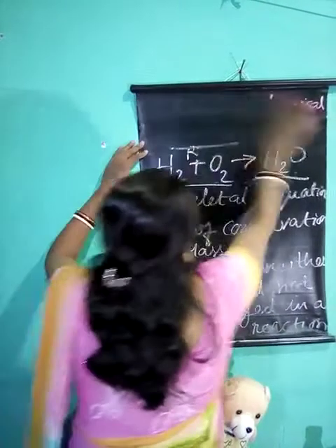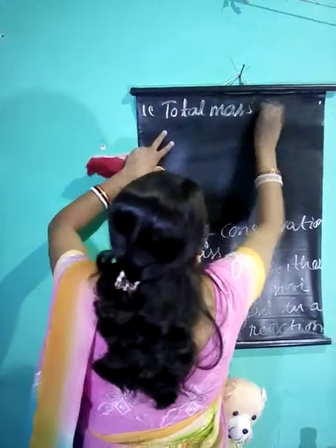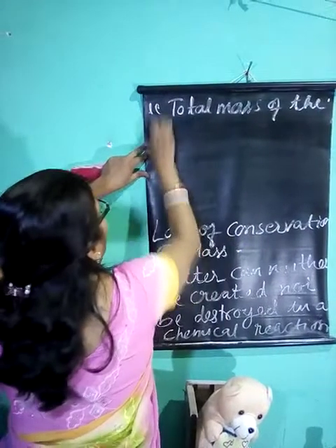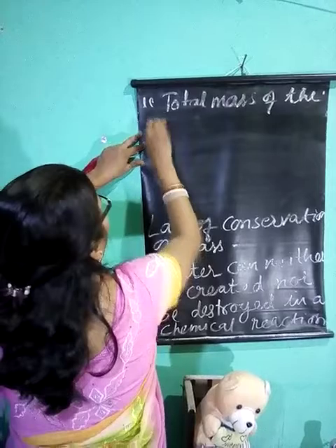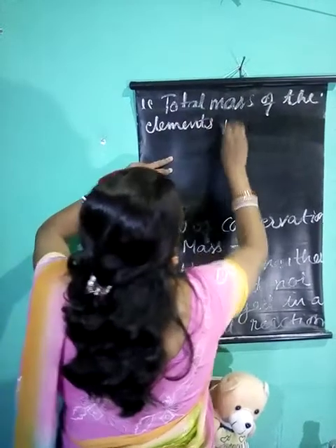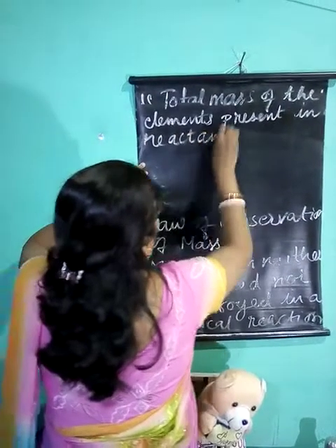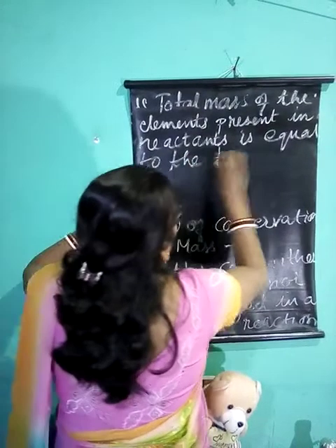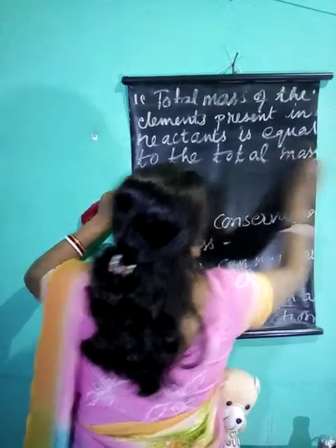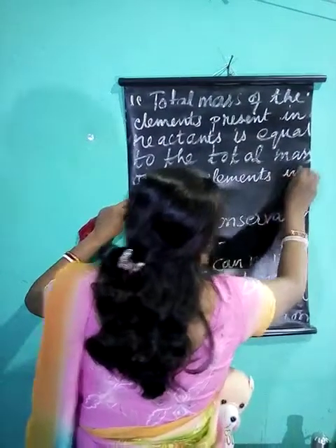It means that the total mass of the elements present in the reactants is equal to the total mass of the elements in the products.